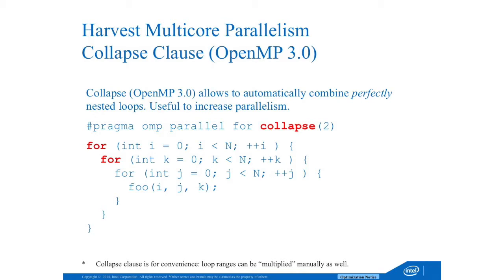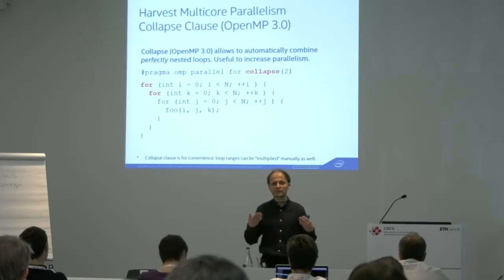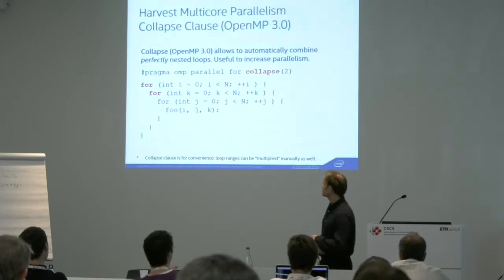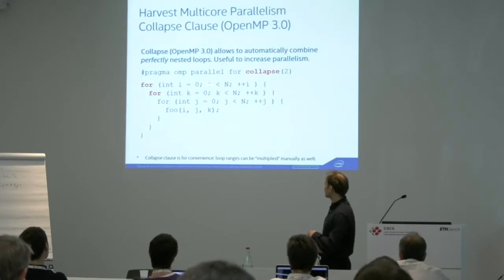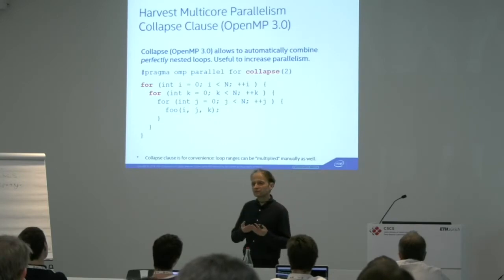Perfect means there is nothing between this kind of sandwich here. There is nothing else you do. Perfect means you could have multiplied the loop ranges yourself, but the compiler is nice enough to do it for you.